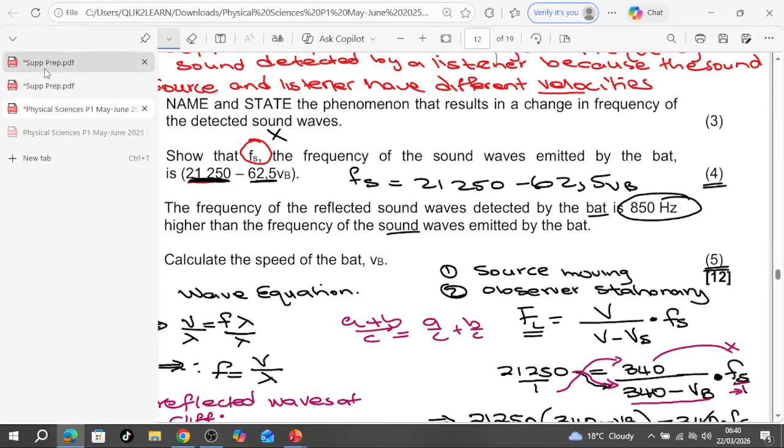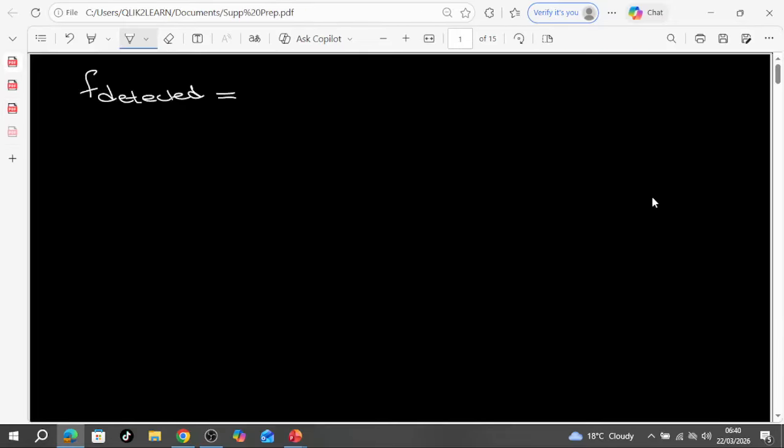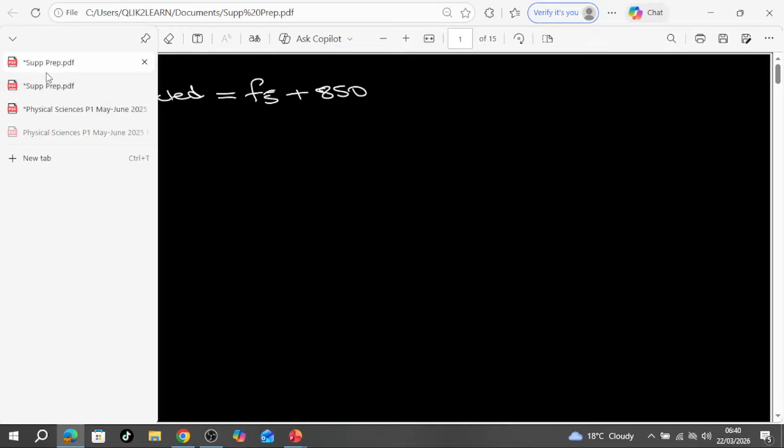So this tells me that this is going to be Fs, which is the frequency of the source, because they said the one that is detected is higher than. So for F detected, we need to add that 850 Hz. I hope this makes sense. So from this, we know that F detected is equal to Fs plus 850.